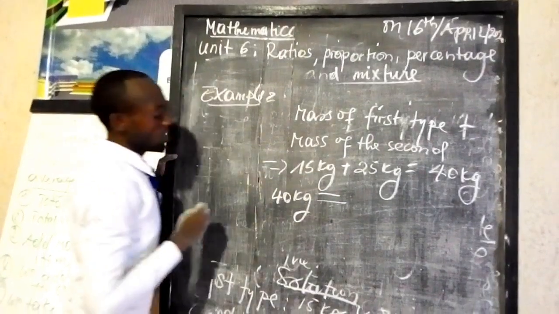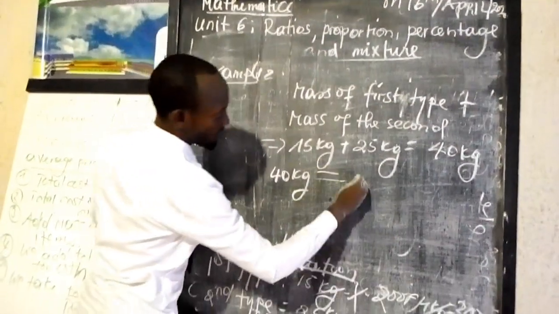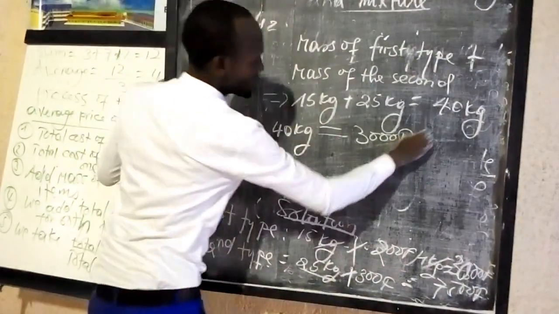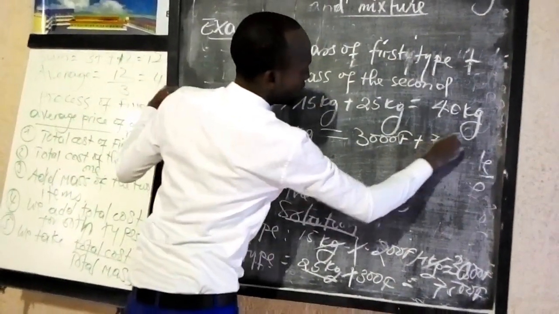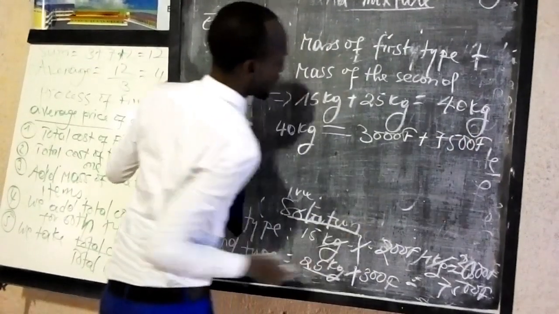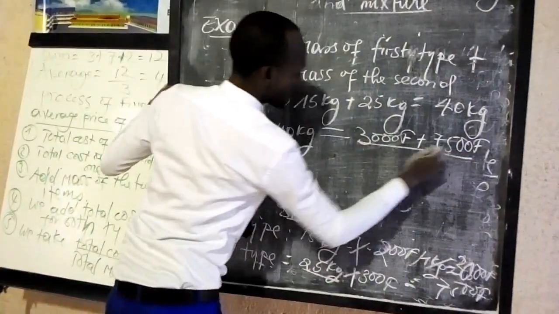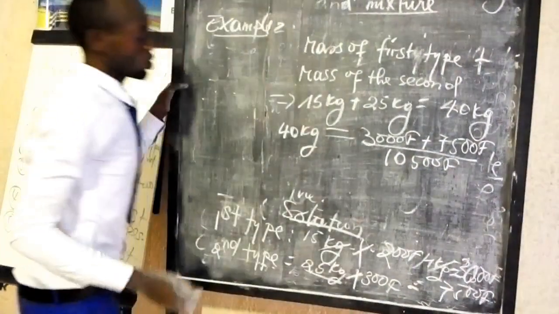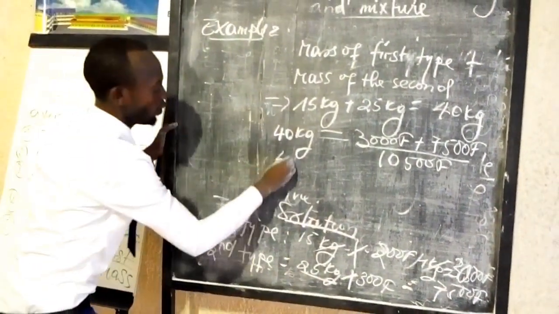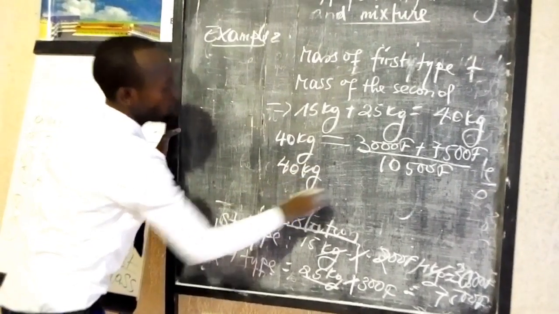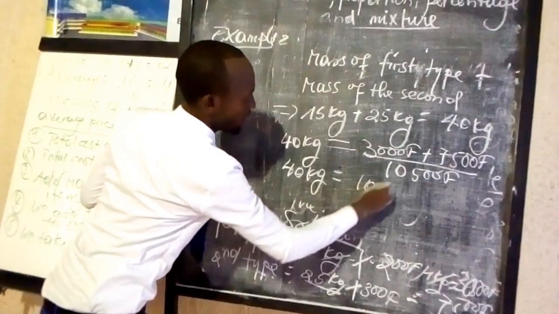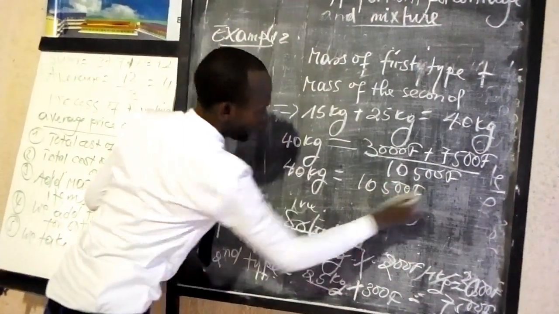It was cost by 3,000 for the first cost plus the cost of the second, which is 7,500. Then the answer we get is 10,500 francs. So now we say that 40 kilograms of mixed beans is equal to 10,500 francs.